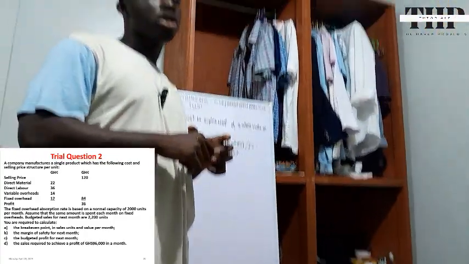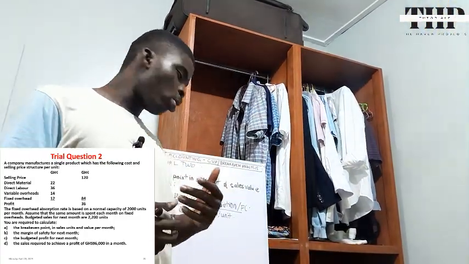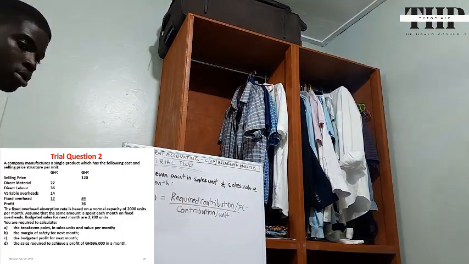120 minus 84 will give you a profit of 36.